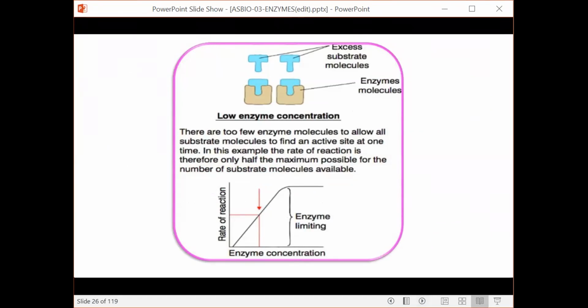Till here, enzyme will be the limiting factor controlling the reaction. After a point, we are keeping the substrate concentration the same. So substrate is there and enzymes are more, but there is no more substrate to change, so it will go flat.